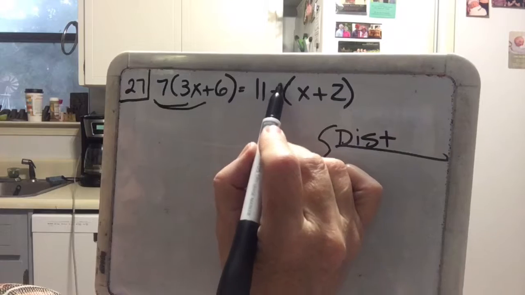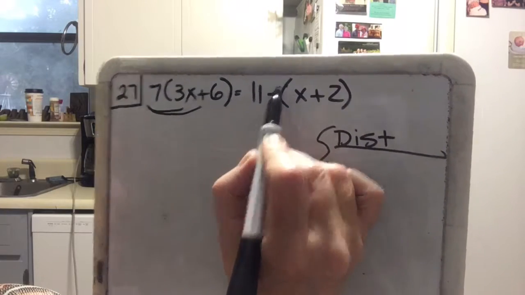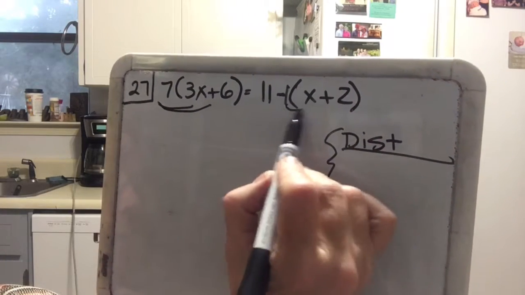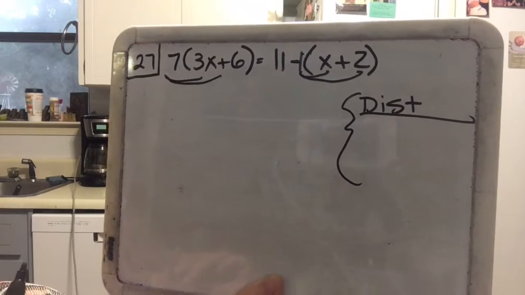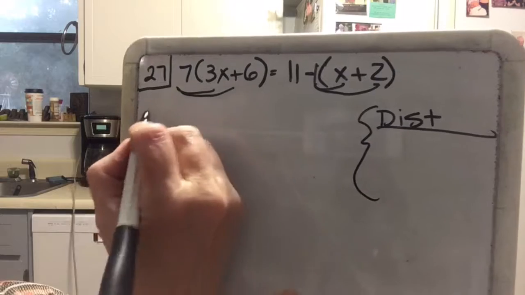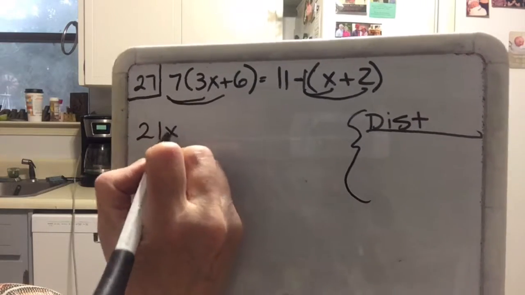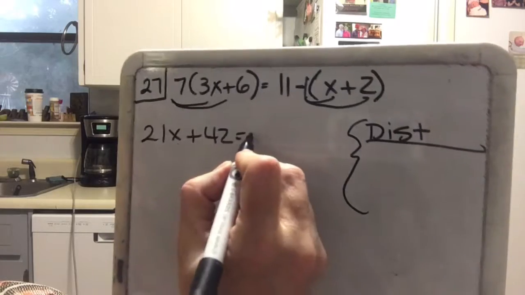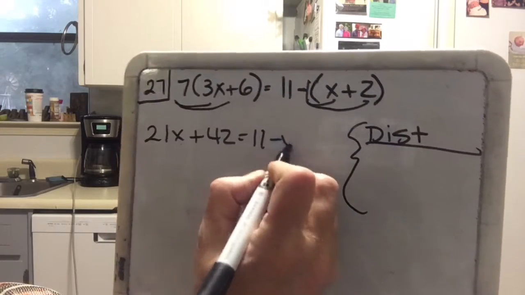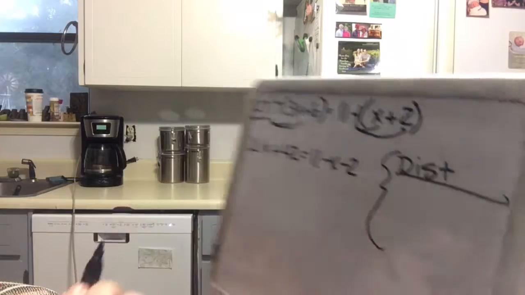We can think of that negative as a -1. We have to distribute that -1 to both parts before we can take that out of the parentheses. So now we've got 21x plus 42 equals 11. Take away x, take away 2.